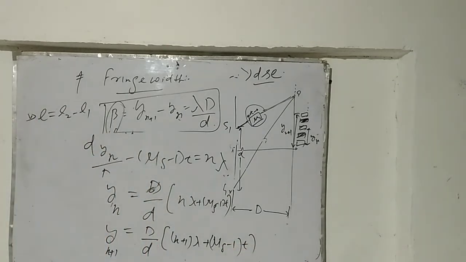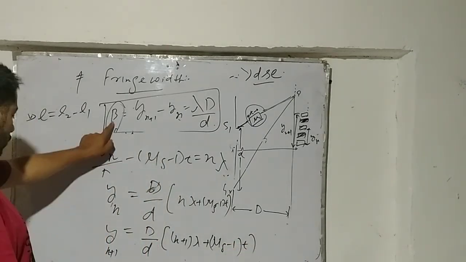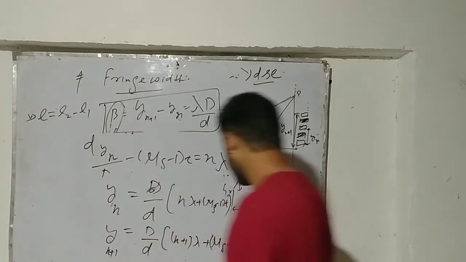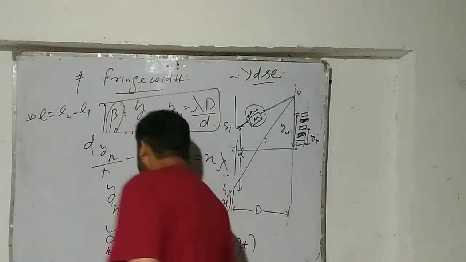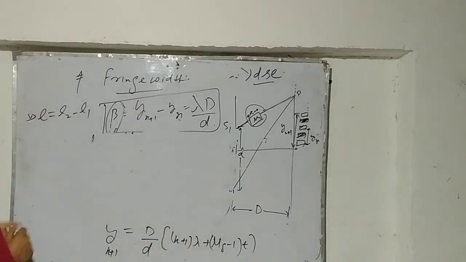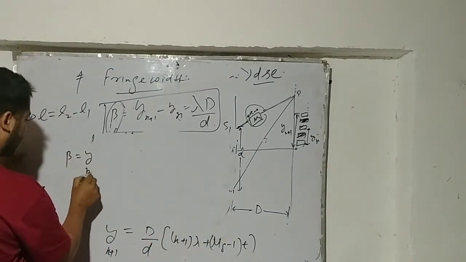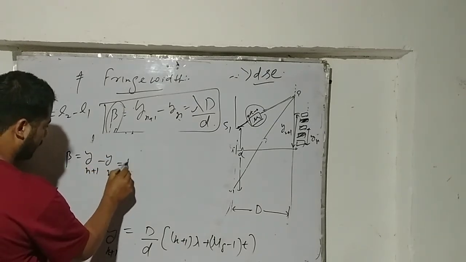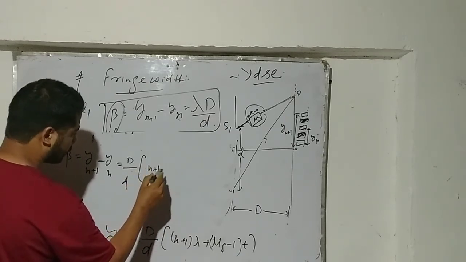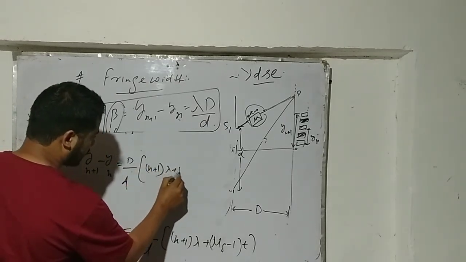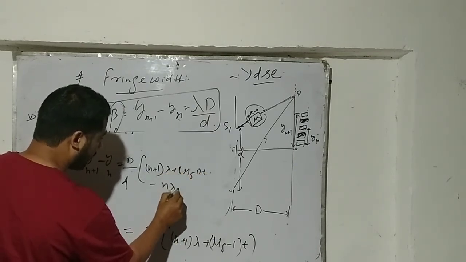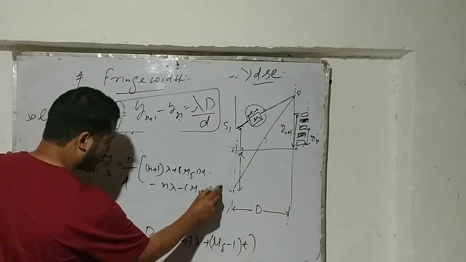You can look at the difference once more, because beta is defined as the difference of two consecutive bright or dark fringes. So my beta is y_(n+1) minus y_n, which is D over d times [(n plus 1) lambda plus (mu minus 1) t minus n lambda minus (mu minus 1) t].